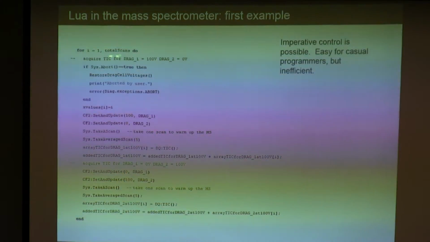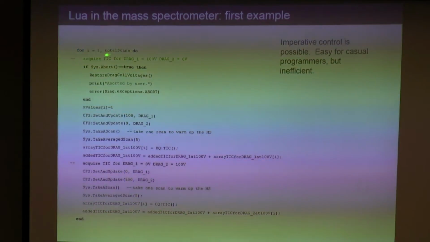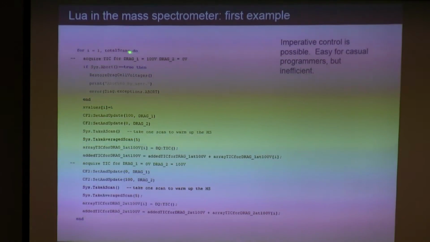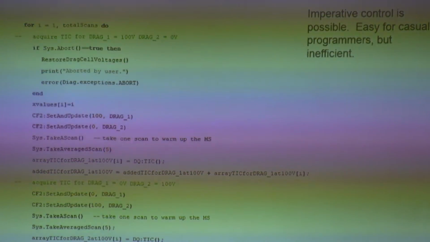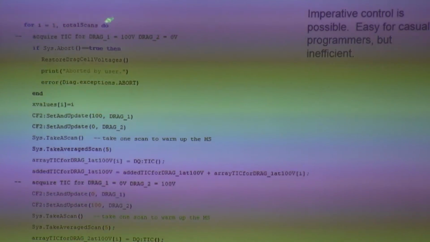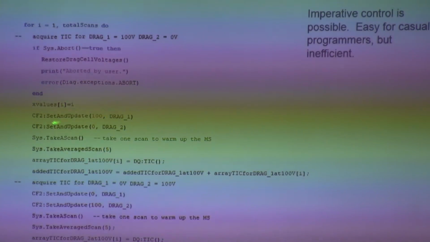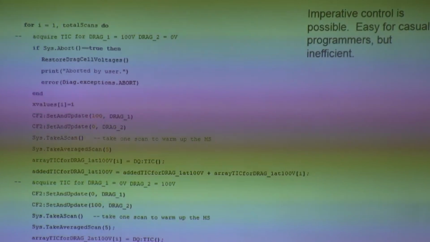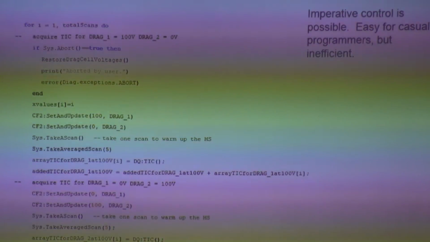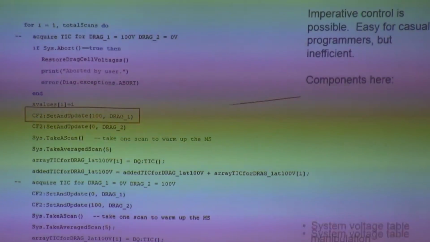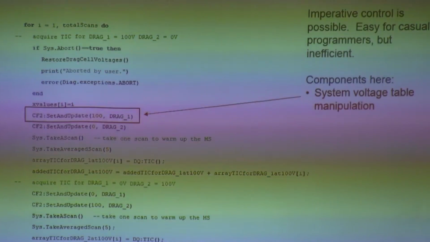Here somebody is taking some number of scans. Actually, one of the motivators for why we're using this other approach is say it has 100 scans and now wants to take 100 of them and fill out the data at each one. The imperative control is very inefficient to maintain, but it's simple for mechanical programmers.